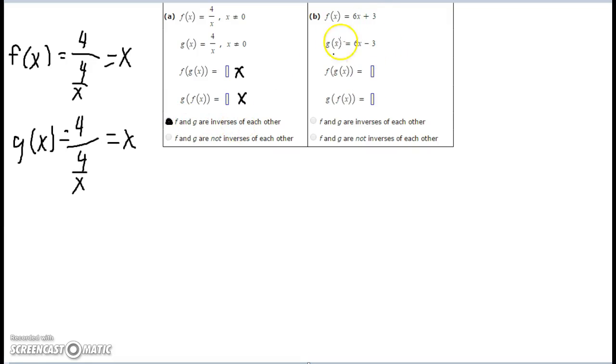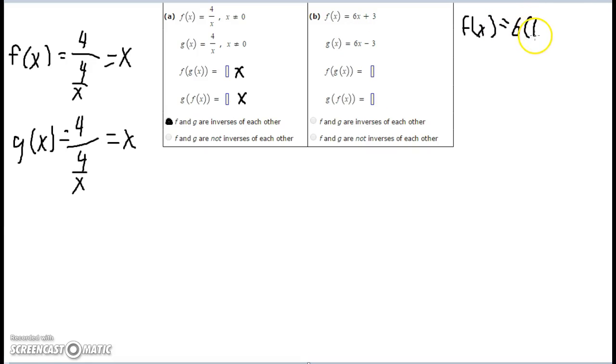So now let's look at our b side. So I start with my f equation, which is 6x plus 3. So f of x equals 6, and instead of x, I'm going to take my whole g equation and plug it in.